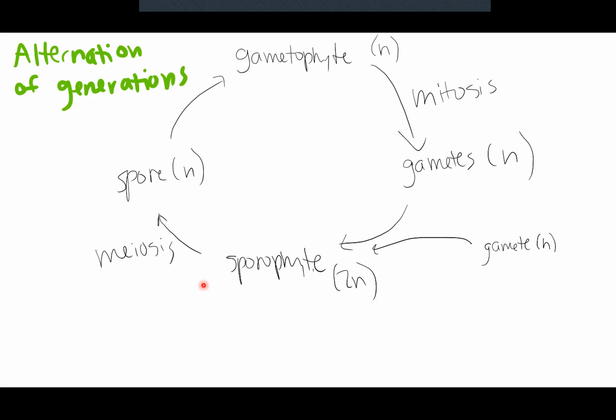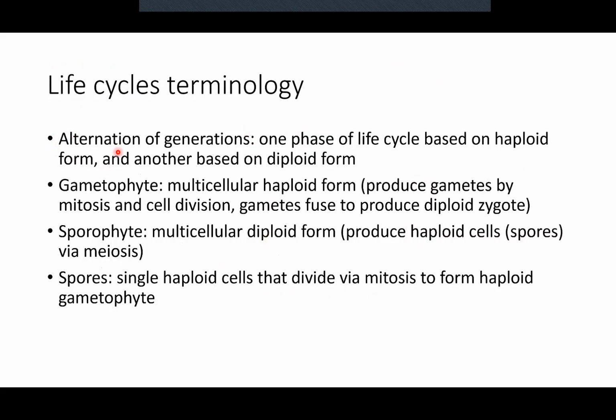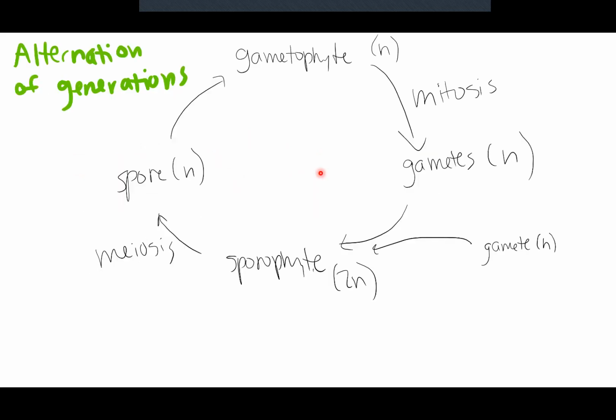The sporophyte will undergo meiosis to produce haploid spores. So this is essentially how the different forms can alternate. So like I said, alternation of generations, one phase of life cycle is based on haploid form, another is based on diploid form, and we can see this as we go from haploid to diploid.